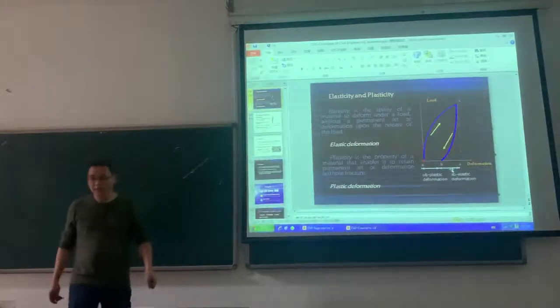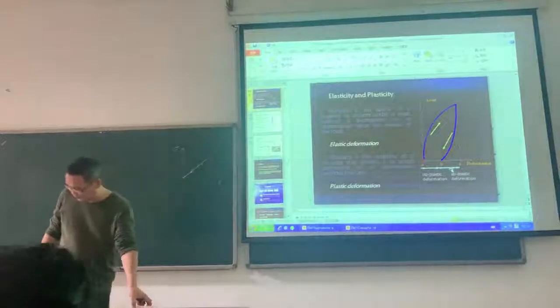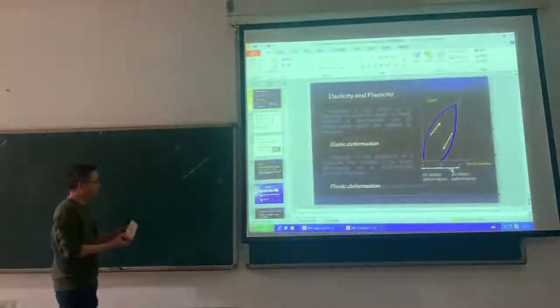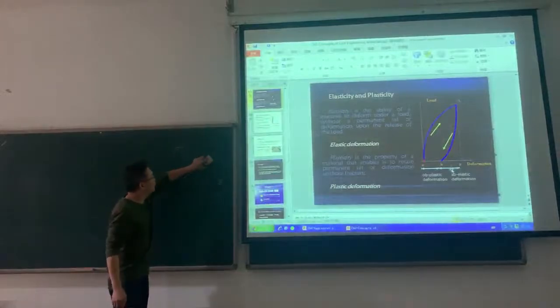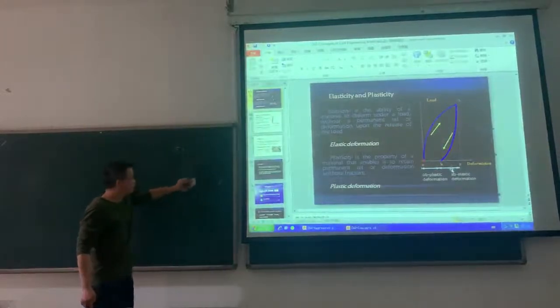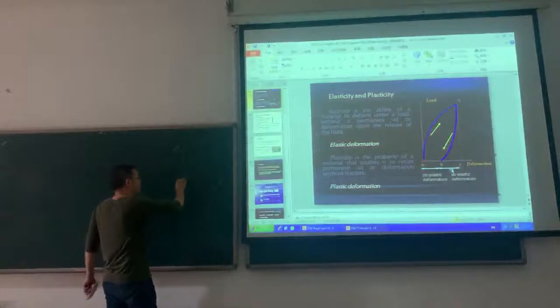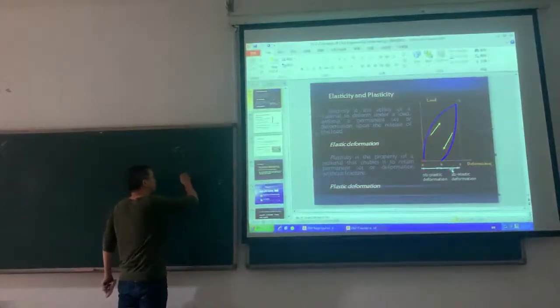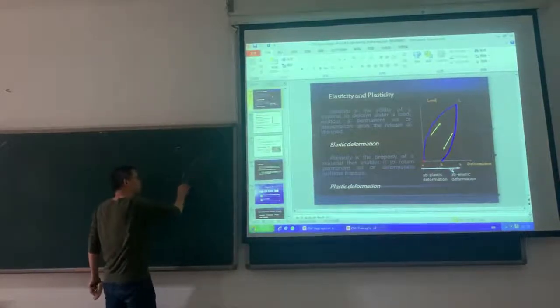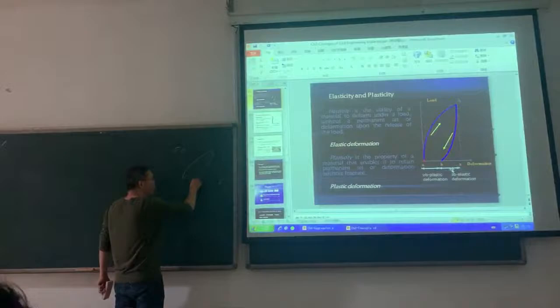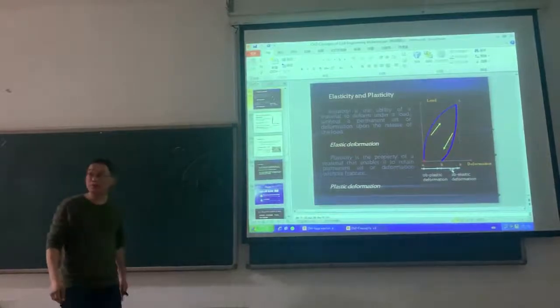So this is the elasticity. For the elasticity, it means that when we put load on the material, the spring will develop like this. And this is when we release the load.